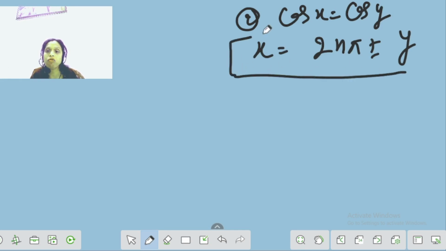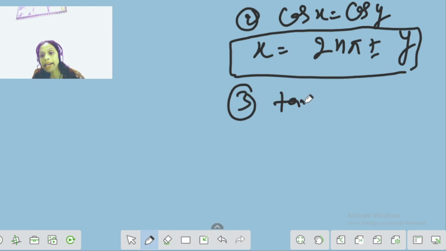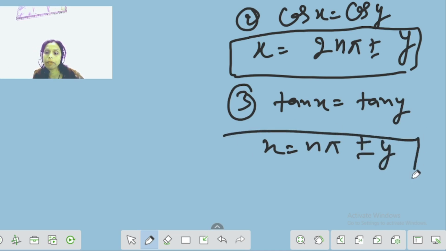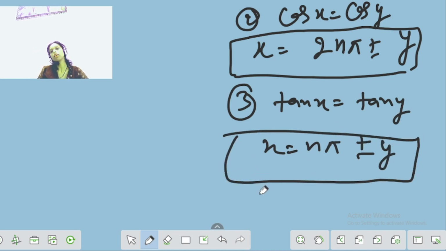This is the general form of cos. The third one is if tan x is equal to tan y, then x is equal to n pi plus or minus y. This is the general solution of sin x, cos x and tan x, and you know very well about the principal solution and general solution.